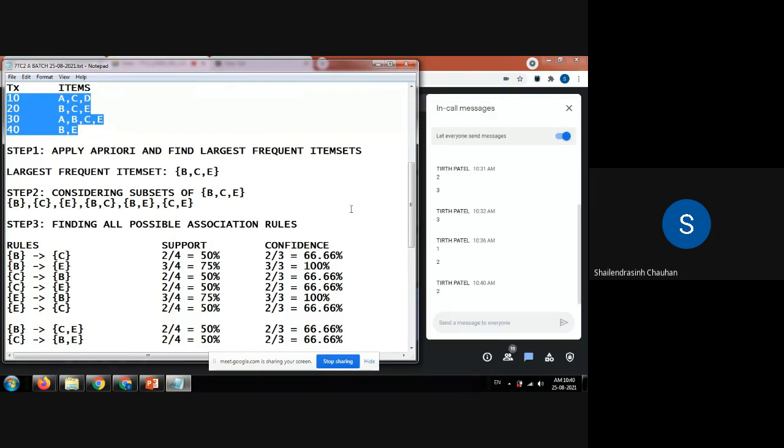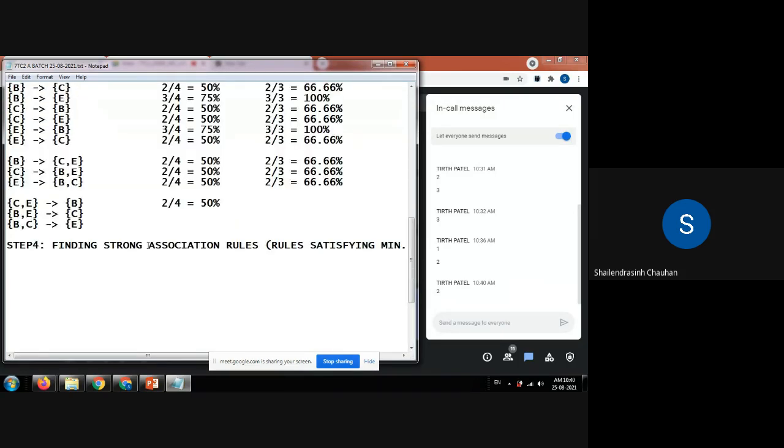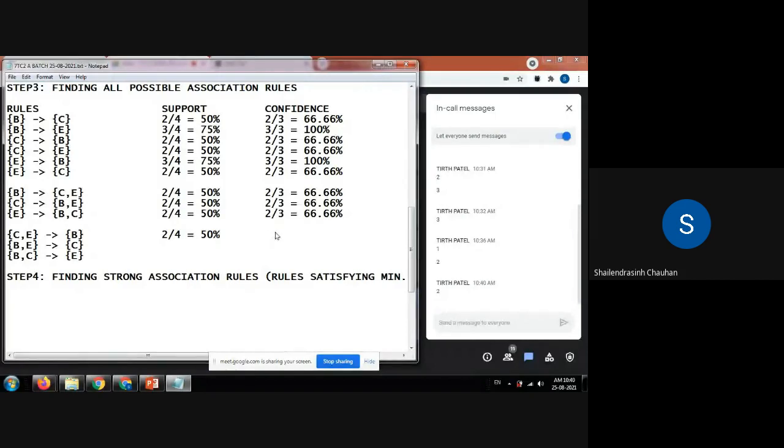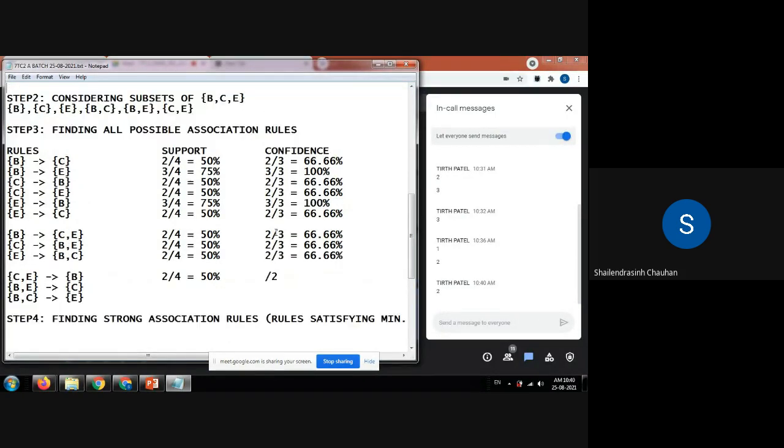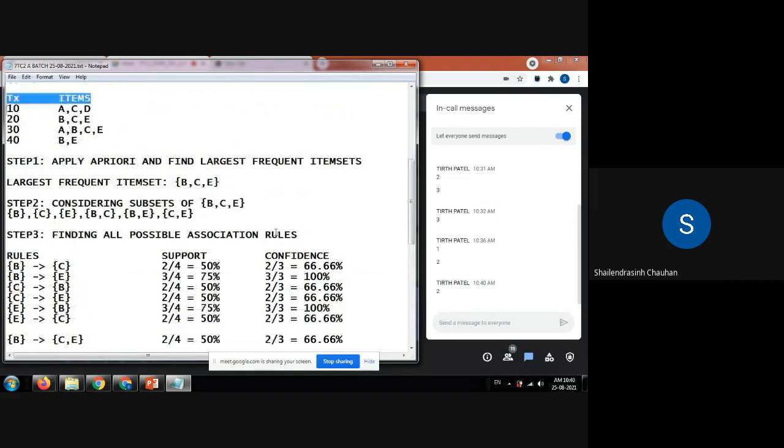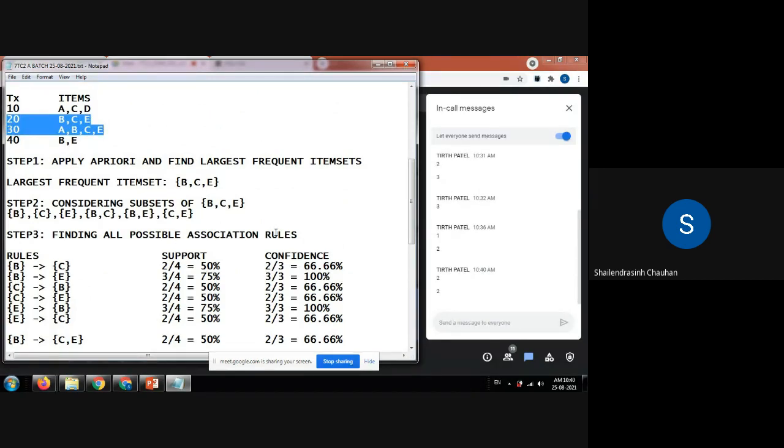Two, exactly. So we are going to consider only those 2 transactions. And out of those 2 where you are having C and E, how many are having B also along with C? So we are having C and E together 20, 30. Out of these 2, how many are also having B along with C? 2, exactly. That is 20, 30 itself.